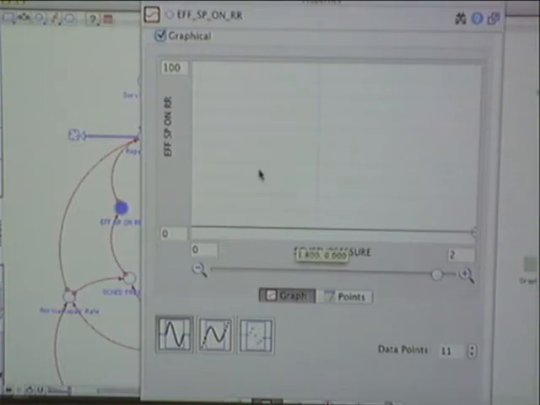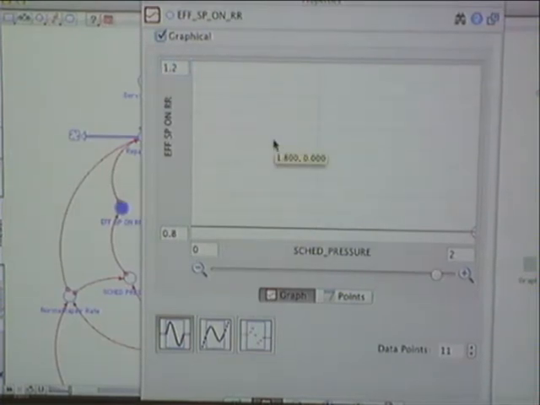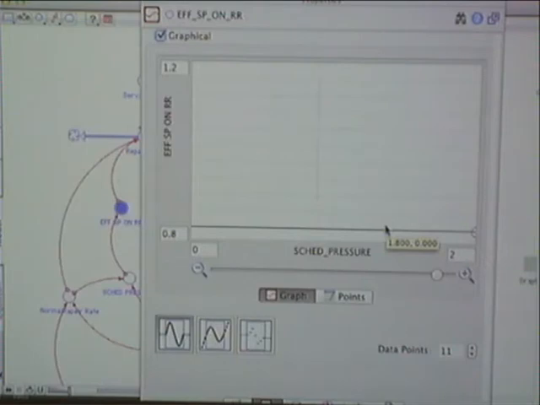And then what I want to go from is 0.8 to 1.2. Yes. Schedule pressure, well, if it could be above 2, I don't think it will be in the model, but it could theoretically be, absolutely. It could be 3 or 4 or 5.